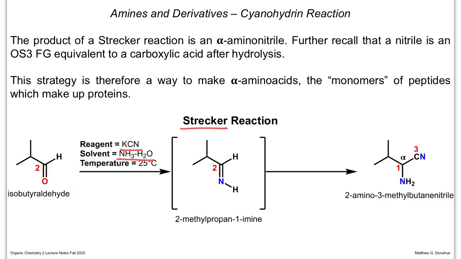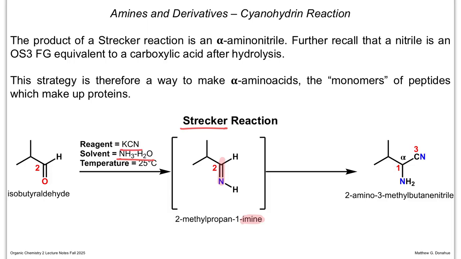That results in the formation of a carbon-nitrogen double bond. That's shown in the intermediate here. That functionality is called an imine. So the CN double bond, which we haven't seen a lot of, we've mainly just dealt with carbonyls, is an imine.